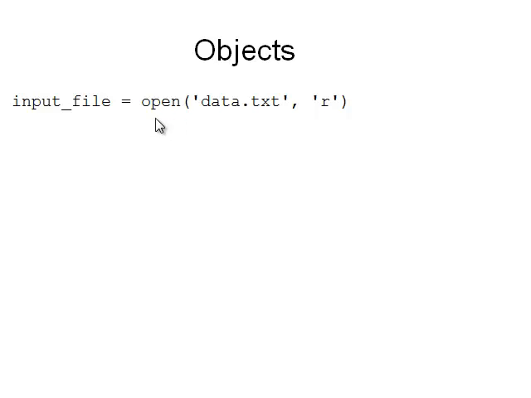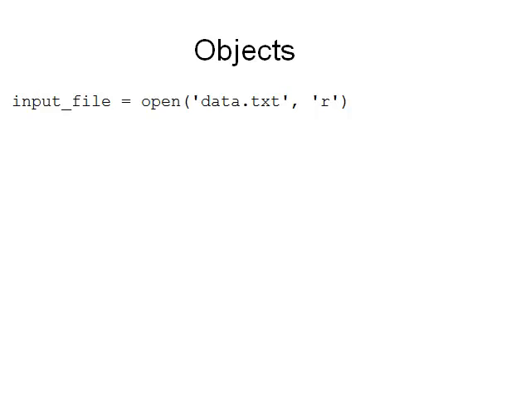The open function, once it creates that object in memory, will return a reference to that object. So in this case, we're assigning the reference to the input file variable. So after this statement executes, the input file variable will reference a file object that we can use to work with this data.txt file.